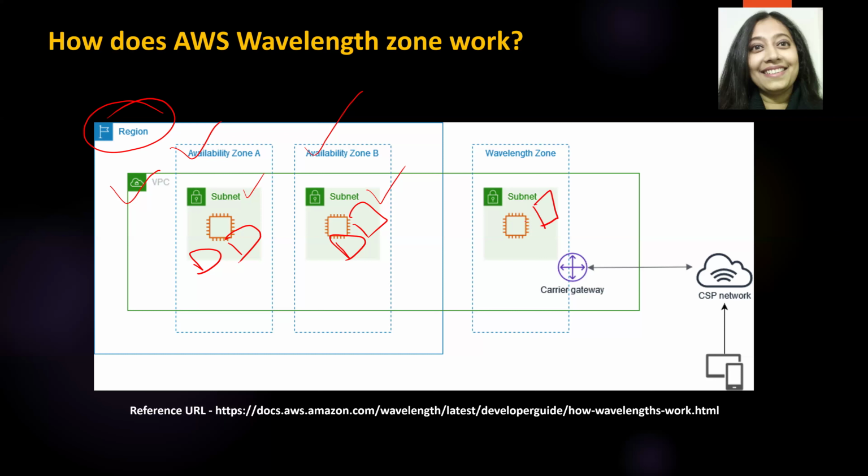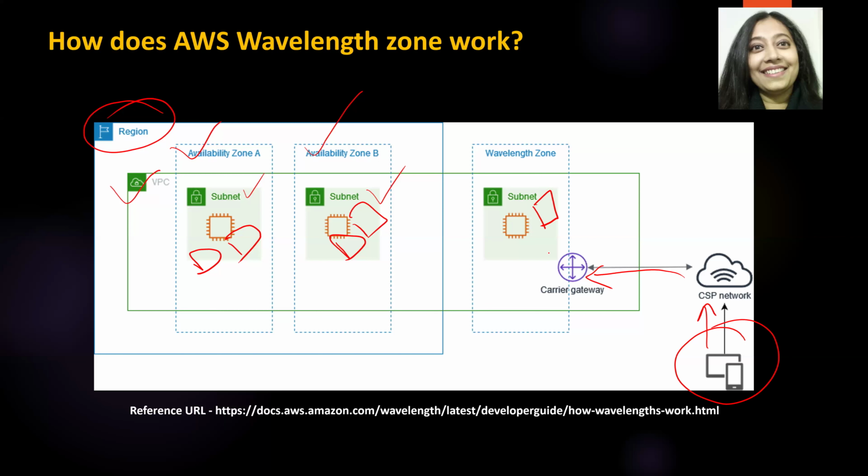Now, how is the communication going to happen? So remember, these are your 5G devices. You have your tablets and your cell phones. These 5G devices are connected to your CSP network. This is your communication services provider network or your telecom services communication network. So they communicate with your CSP. This CSP in turn communicates with your carrier gateway.